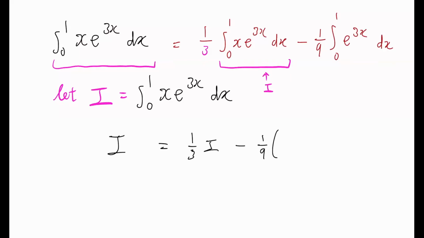Can we solve that integral? Maybe I put square brackets first. Integrate e power 3x. What do you get? Do you get e to the power of 3x divided... wait, let me think. Do you get e to the power of 3x over 3?